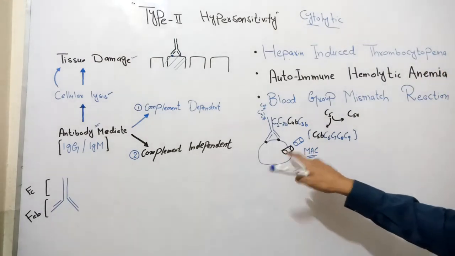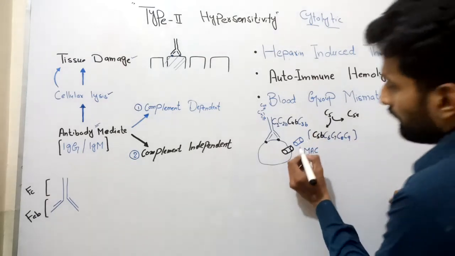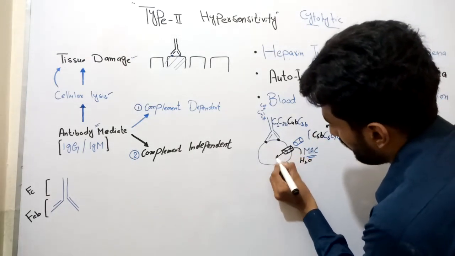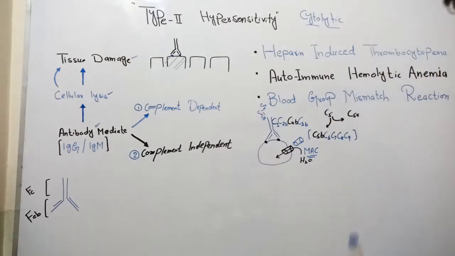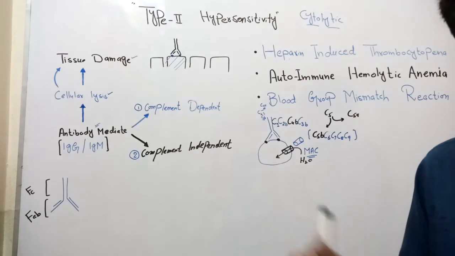Once this complex has been placed on the surface of the platelets, what will happen? Water starts moving inside the cell. Because of the osmotic pressure, the cell will burst and be broken down.